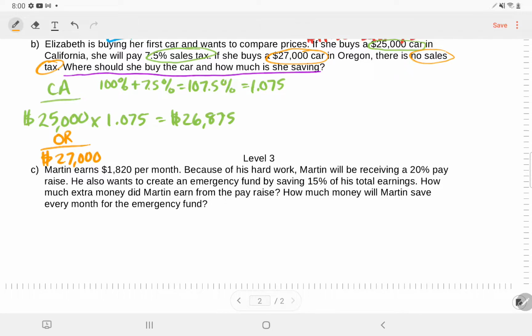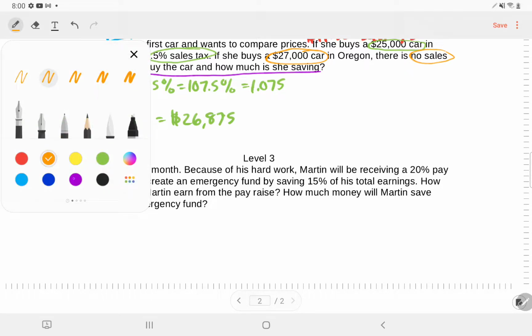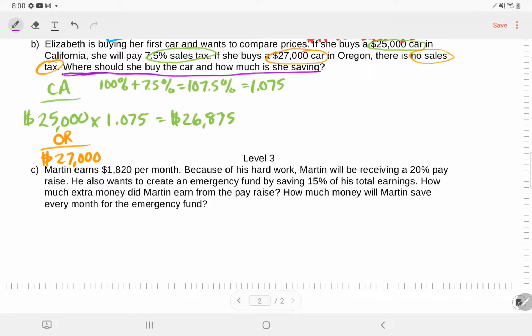The question is, where should she buy the car and how much is she saving? So we compare the 2 prices, $27,000 versus the $26,875. We're going to see that it's cheaper to buy in California than in Oregon.